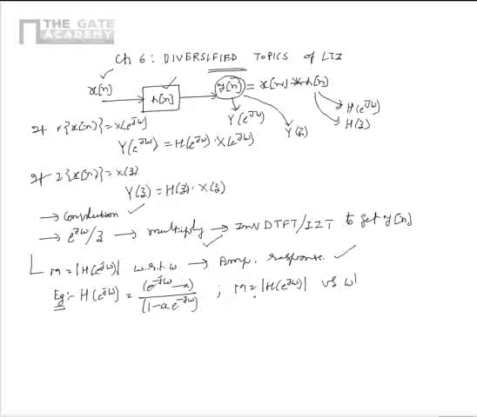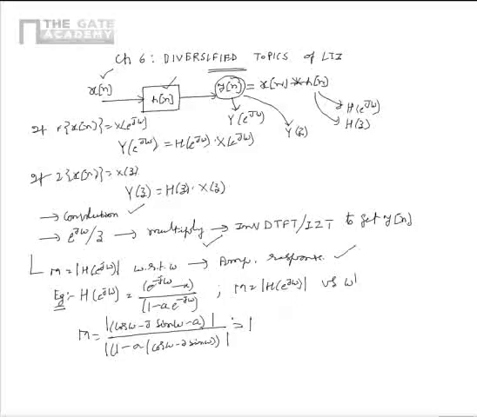On simplification, that is, by substituting e power minus j omega as cos omega minus j sin omega in H of e power j omega to get abs of H of e power j omega, we see that M is equal to as shown. Upon taking the abs of numerator and denominator, we get M, and we see that in this particular case, this is equal to 1.